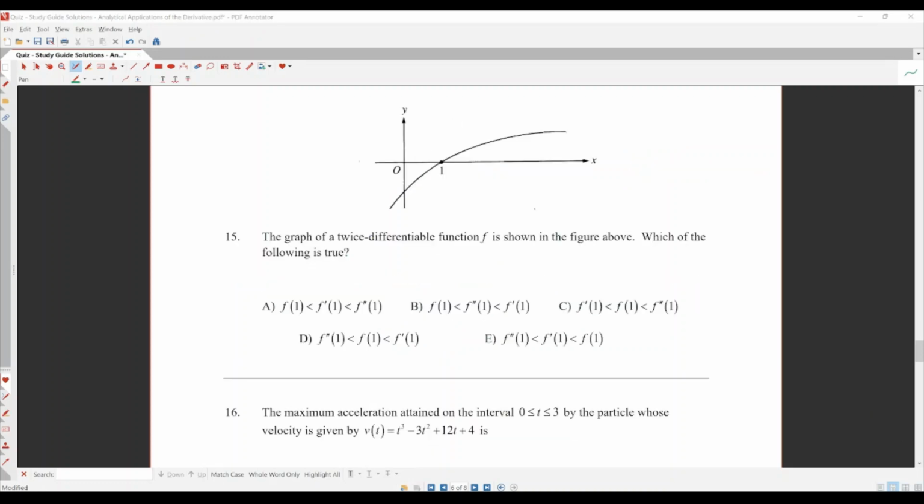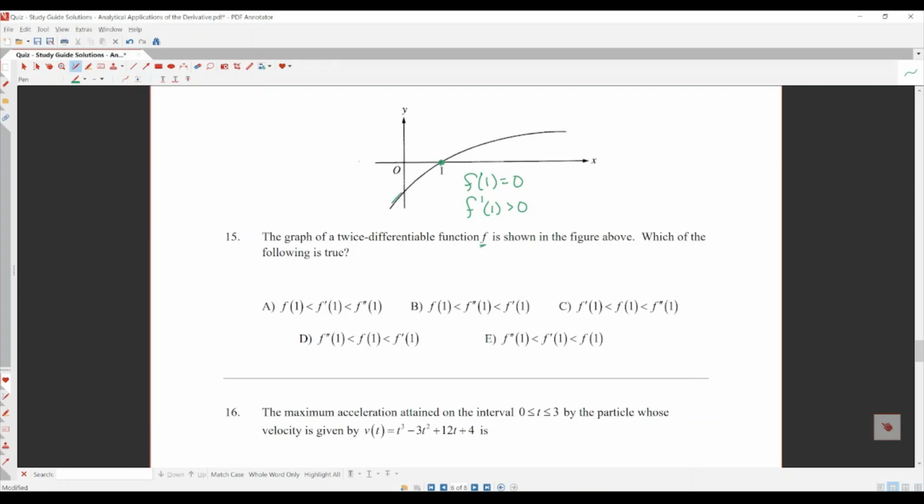Number 15, the graph of a twice differentiable function f. So again, this is the graph of f as shown in the figure above, which of the following is true. So if I look at f right here, I know that f of 1 is 0 because we hit the x-axis. But the function's increasing there. So what else do I know? I know that f prime of 1 must be positive because it's increasing.